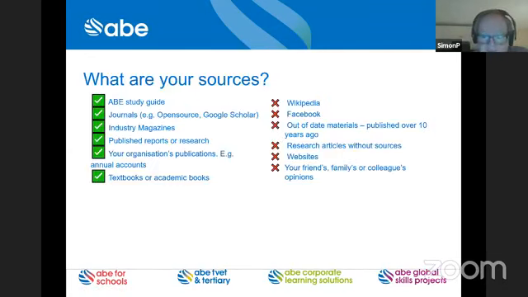So thank you. What we're looking at is gathering evidence, and I want to spend just a little bit of time talking about the types of sources that we recommend that you focus on. We've divided this slide into a left and right hand side. The guidance that we give is to start with the ABE study guide.